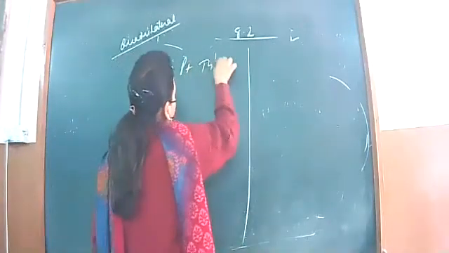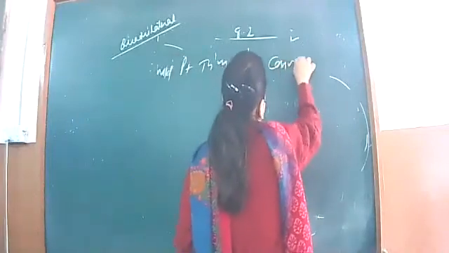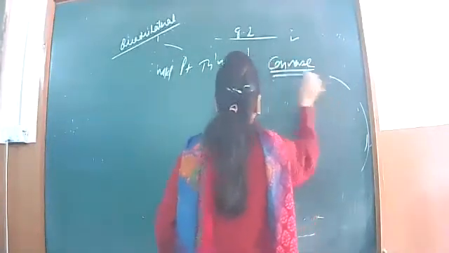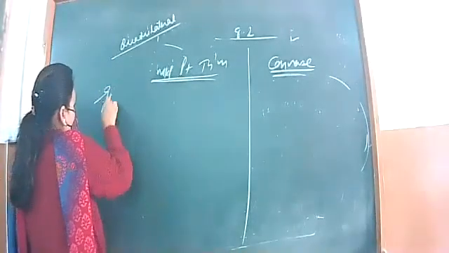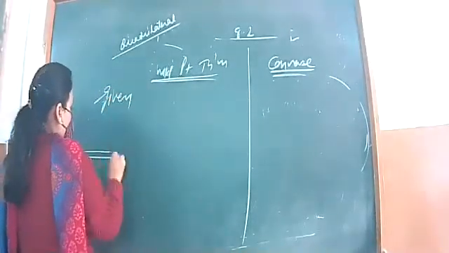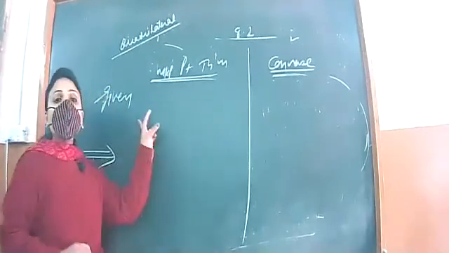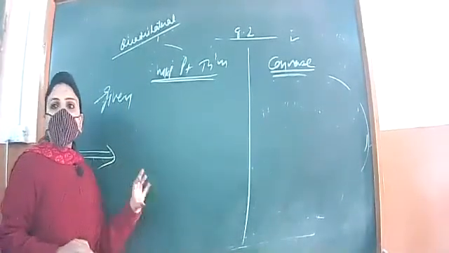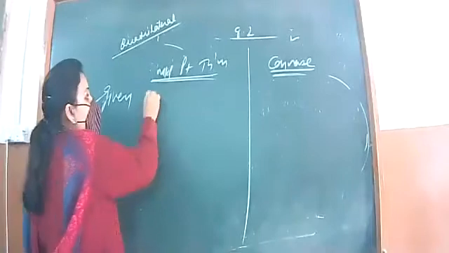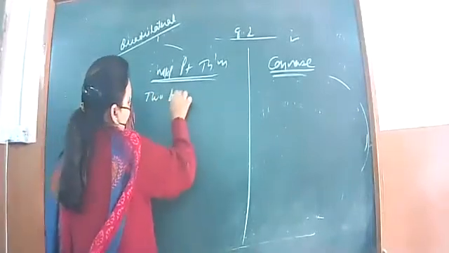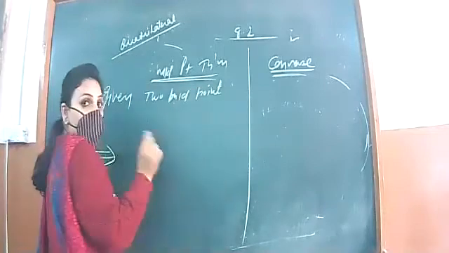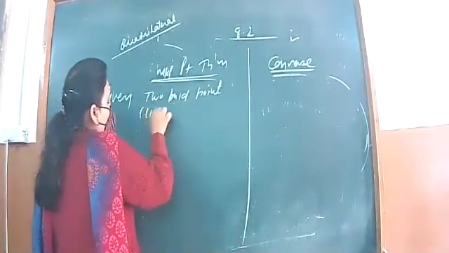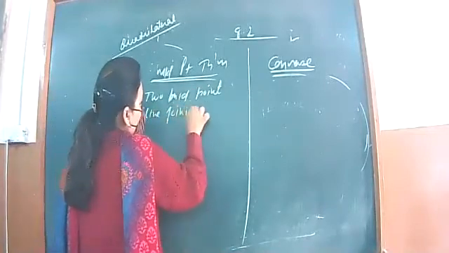Midpoint theorem and then converse. Given, and what it implies. In the first line the given, and in the second line what follows from it. Two midpoints, line joining them.